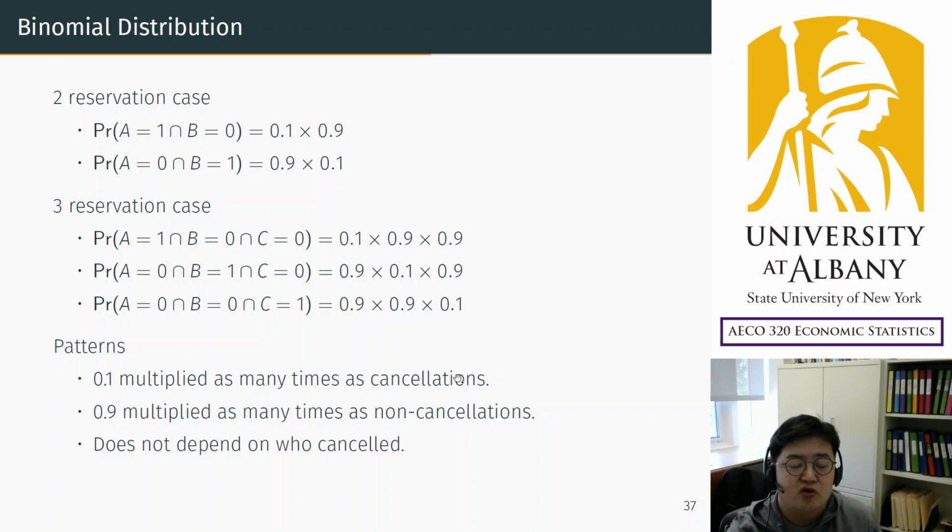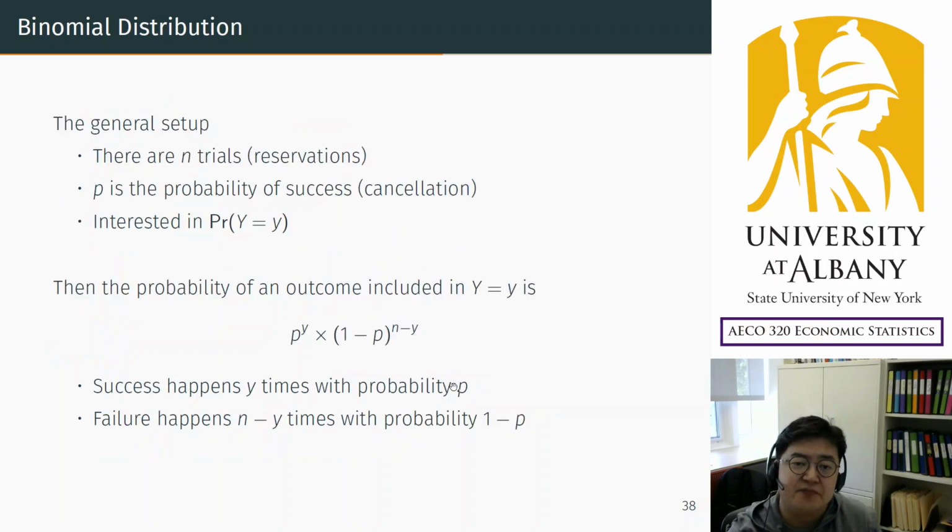So you can easily generalize this idea, right? Back to the general setup. Suppose that there are n reservations or n experiments. A random experiment is repeated n times, and we assume that P is the probability of success.